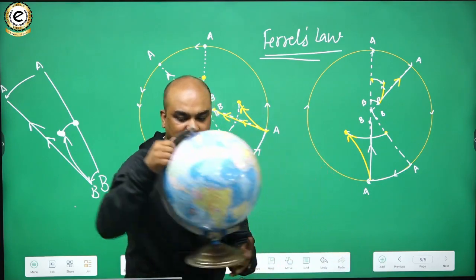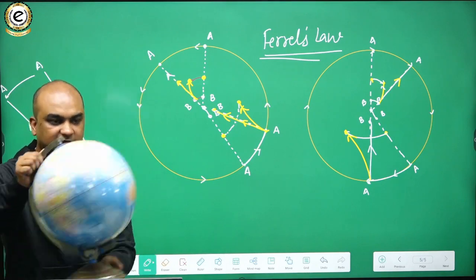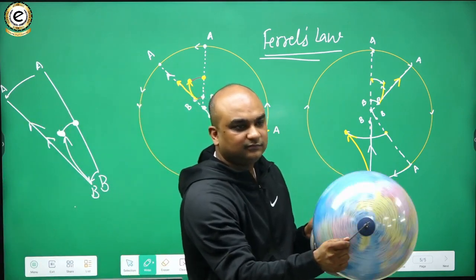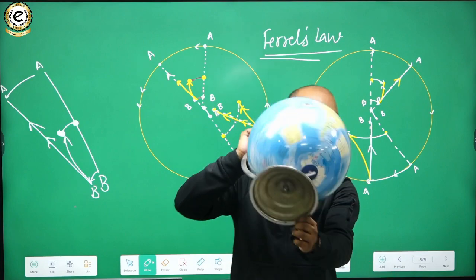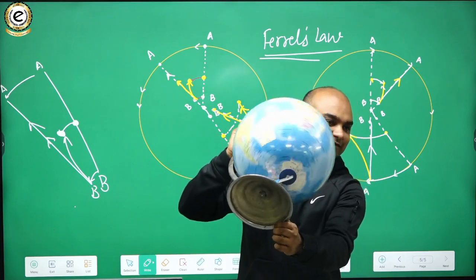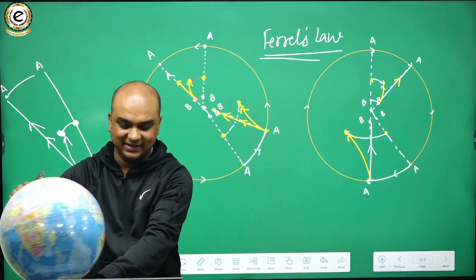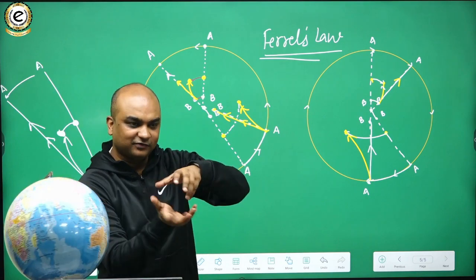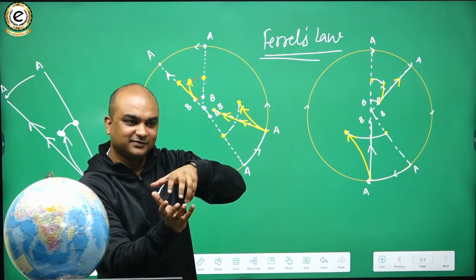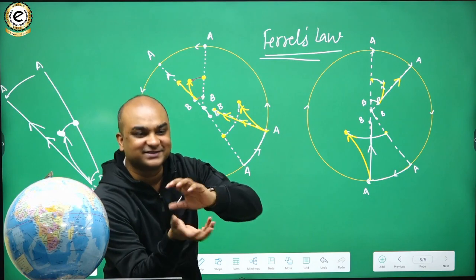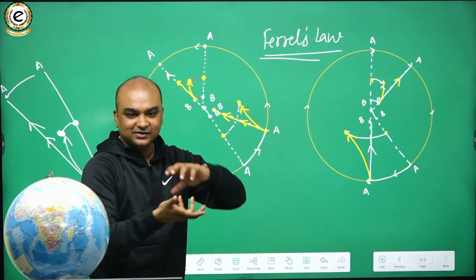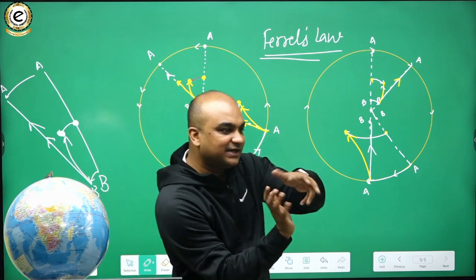So you tell me that how is the equator rotating here? How is the equator rotating here? समझ में आ रहा है? If I am rotating something anti-clockwise and clockwise together, it means there is no rotation. समझ में आ रहा है ना? दोनों they are cancelling out each other.